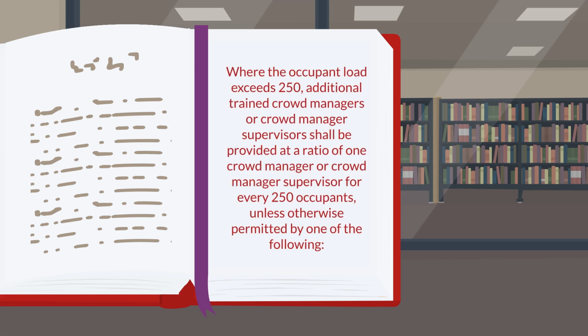Where the occupancy load exceeds 250, additional trained crowd managers or crowd manager supervisors shall be provided at a ratio of one crowd manager or crowd manager supervisor for every 250 occupants, unless otherwise permitted by one of the following.